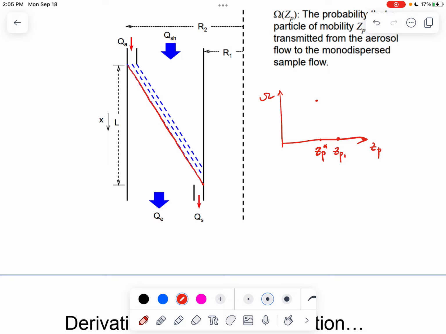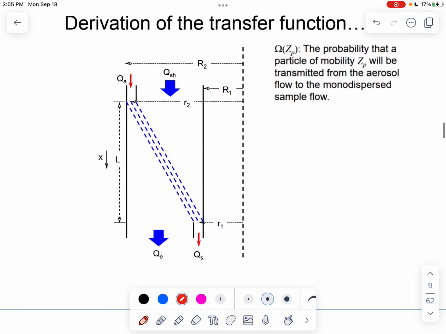So the same thing for the larger particles. For the larger particles, right, if you go to the perfect case again, right, for the larger particles, they will move further downwards, right? So the extreme condition is that the particles will enter from the outer wall of the inlet and then exit through the inner wall of the outlet, right? So the particles are having this kind of trajectory. So under this situation, you can still kind of collect some larger particles.